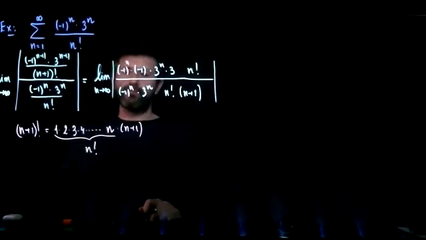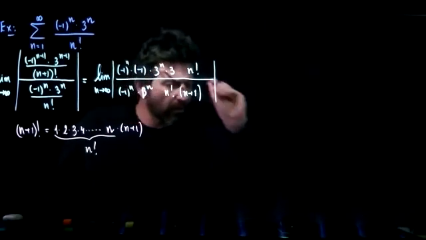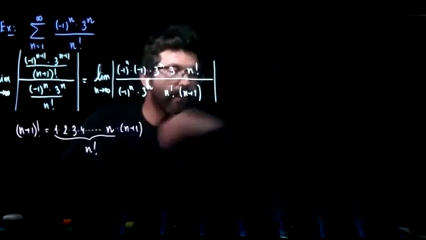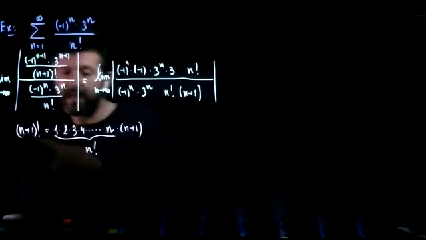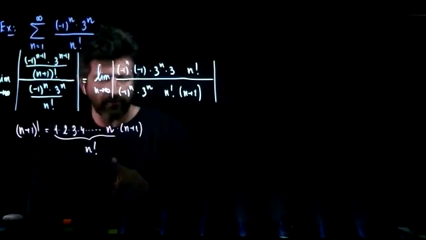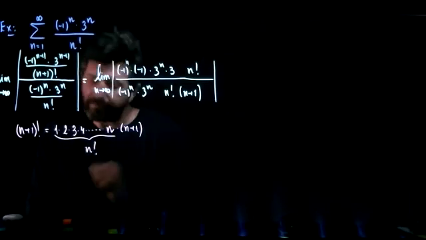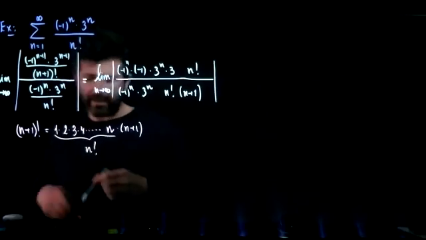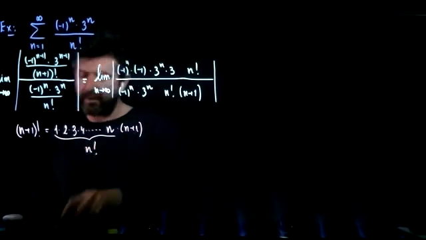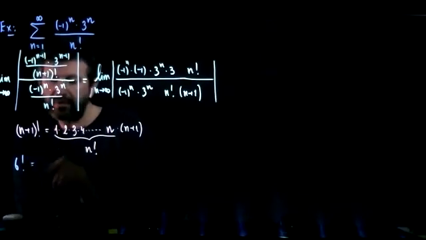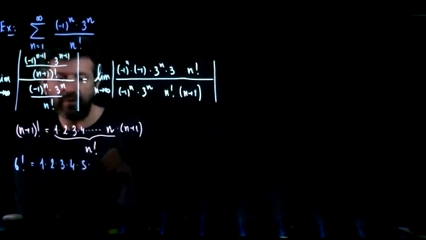I don't get it, sir. Can you explain again, please? Sorry, you don't understand? You understand what I just did here? Okay, so what's n plus 1 factorial? This one, right? What's in orange here? What don't you understand? Okay, so imagine I have, for example, let me give you an example here. Let's say I have 6 factorial. Okay, so 6 factorial is what? It's 1 times 2 times 3 times 4 times 5 times 6.